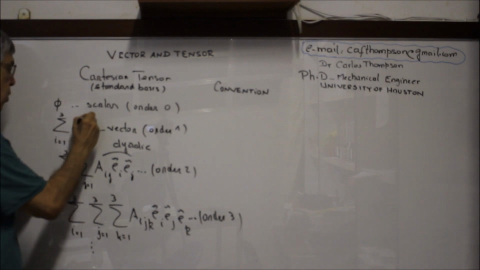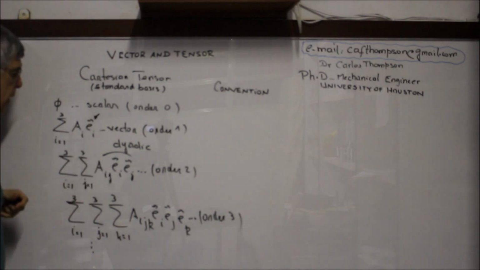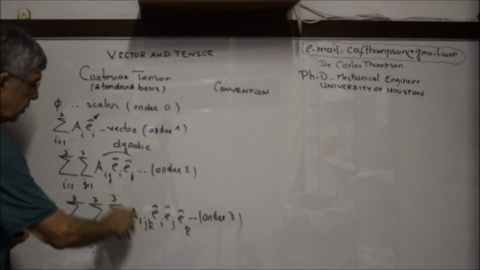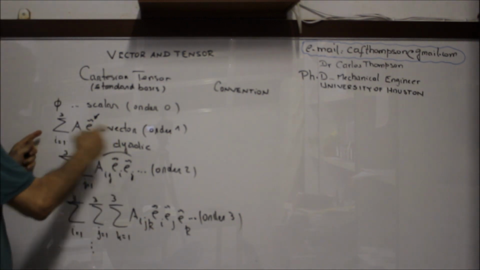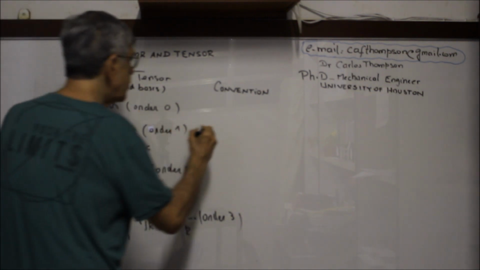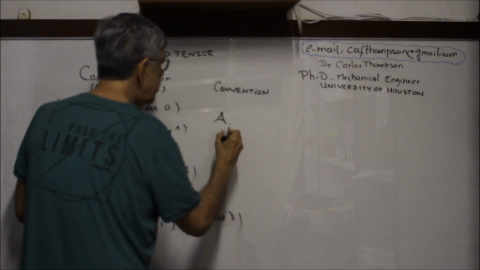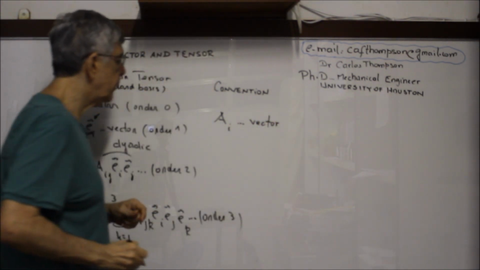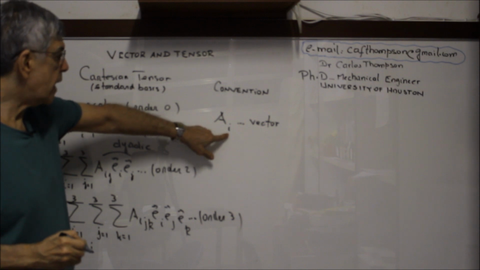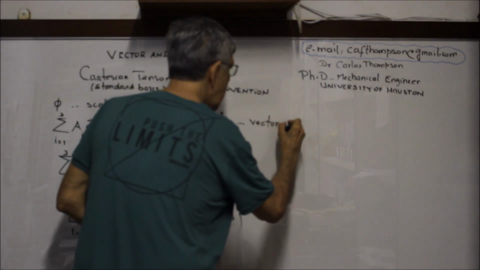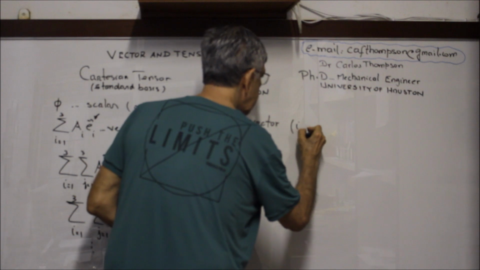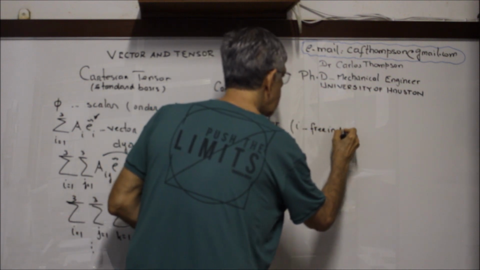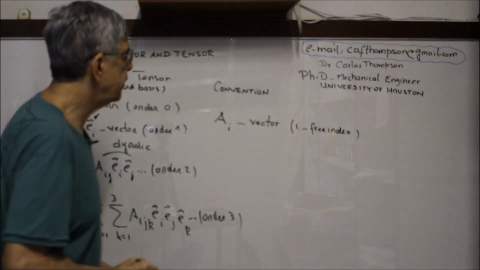Why? Because there is only one specified unit vector. Here is 2, here is 3. So let's consider this vector. I just write ai. This index here, I write i, is a free index. I'll explain to you what that means.